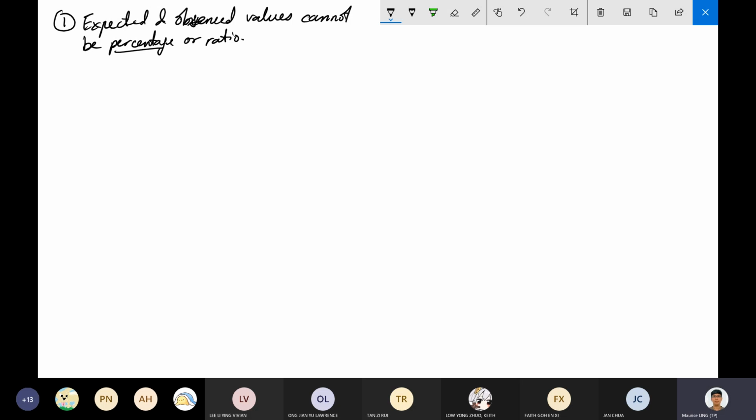But ratio is also not possible. You actually must use the frequency. The frequency actually means the count, the actual count. So this is very important. I mentioned this in the lab session already. So anyone do not know why you cannot use percentage or ratio?